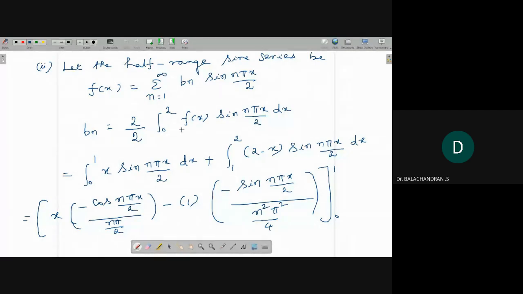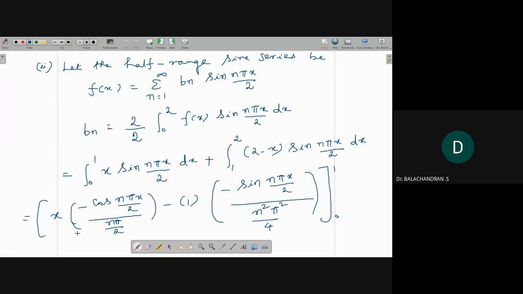So you should split the integral into 2 parts. One is from 0 to 1, another is from 1 to 2. In the interval 0 to 1, f of x is x. In the interval 1 to 2, f of x is 2 minus x. Now you need to integrate.